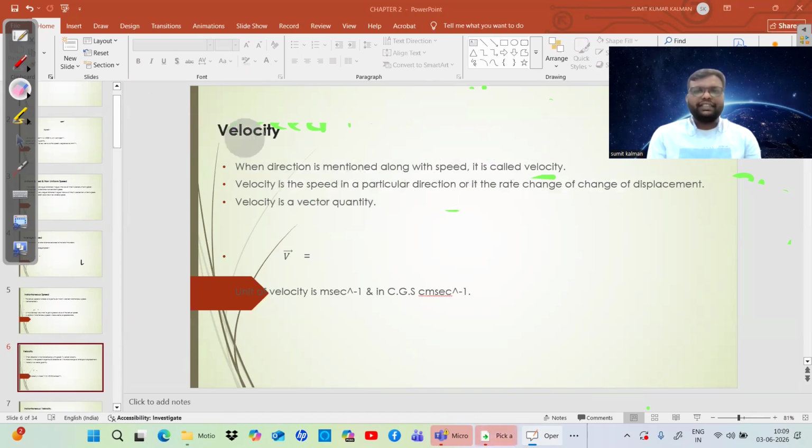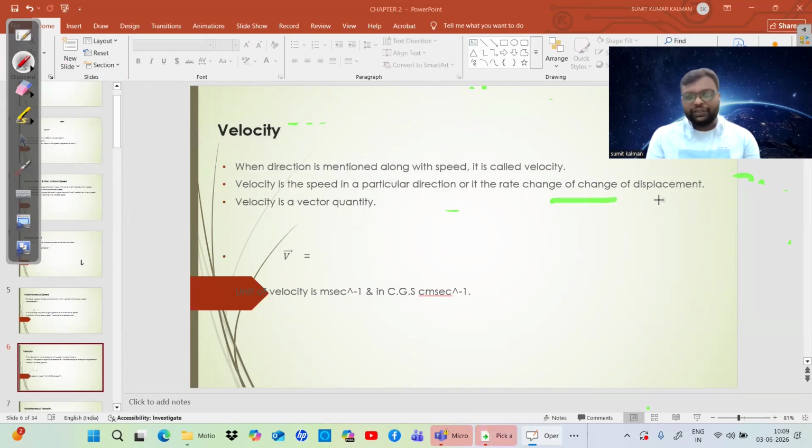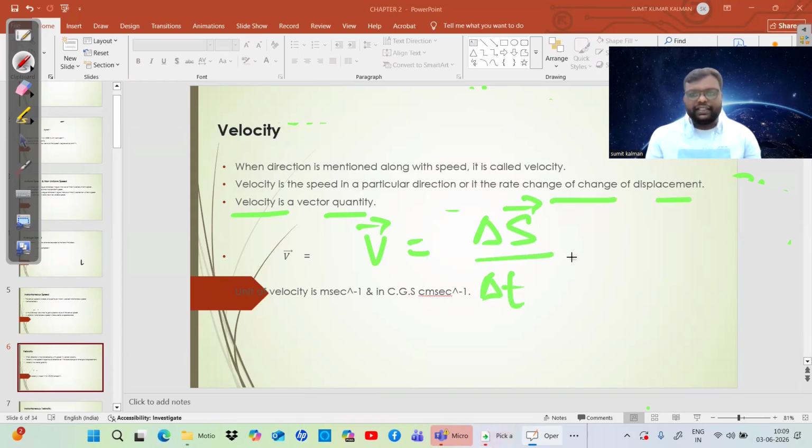Now students, velocity is the speed in a particular direction, or the rate of change of displacement. And students, velocity is a vector quantity. How will you write it mathematically? Velocity vector v is equal to change in displacement, delta vector s, upon time interval, that is delta t.